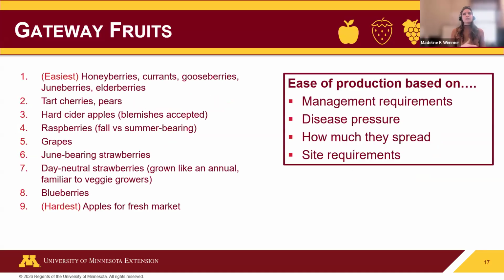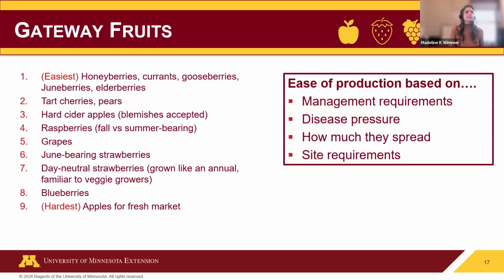I mentioned I was going to talk a little bit about gateway fruits, and here's a list that is a little bit subjective, but it's based on management requirements, disease pressure, how aggressive a plant might be, right? Raspberries can sometimes overspread, and that can be more of a pain in the butt than you want. And then site requirements, like how blueberries require acidic soil. Is that something that's going to be practical for you?